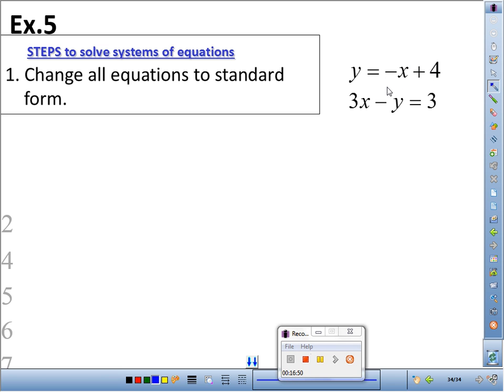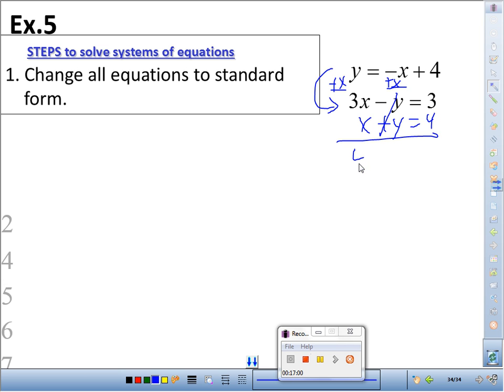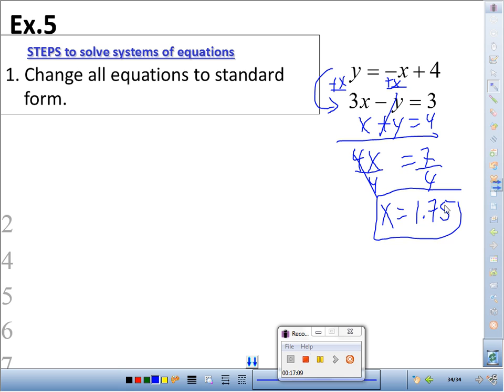Okay, so let's see. You add x, so this becomes x plus y equals 4. I eliminate the y's. This is 4x equals 7. Divide by 4, divide by 4. x equals 1.75. I'm going to substitute that into one of the two. I'm going to use the second one. 1.75 plus y equals 4.